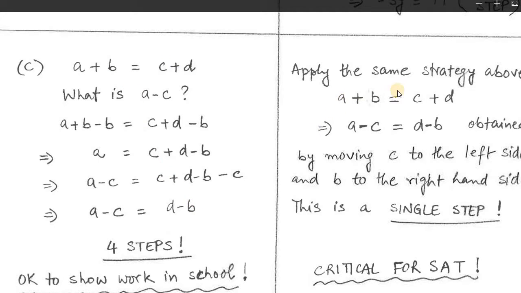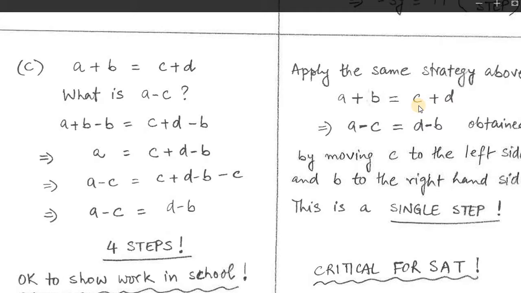If it's more complex, you add to the number of steps. So if you go to our strategy, again, this is given, a plus b equals c plus d. It's a one-step solution. So you see a here and you see c here. You need a minus c. You want to move c to the left-hand side.